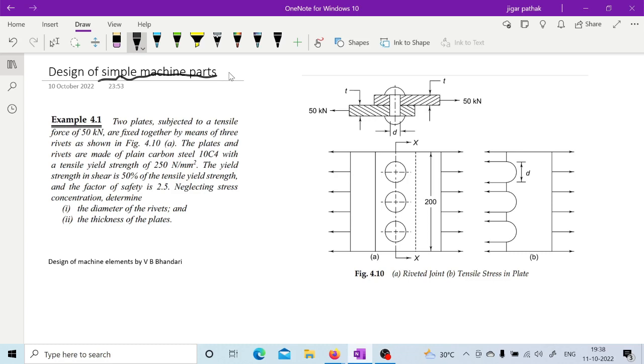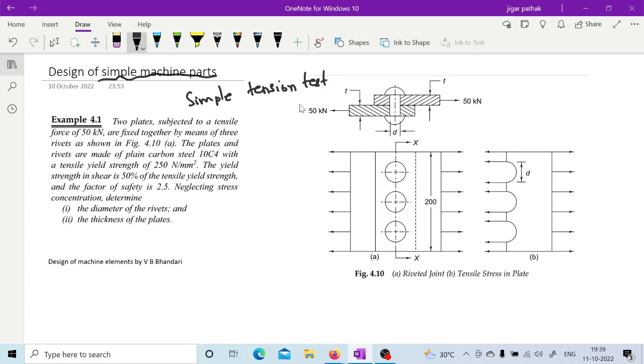Then you must have an idea about the allowable stresses. Now from where are you going to get these allowable stresses? A simple tension test must be performed on the material from which you are going to make your component.